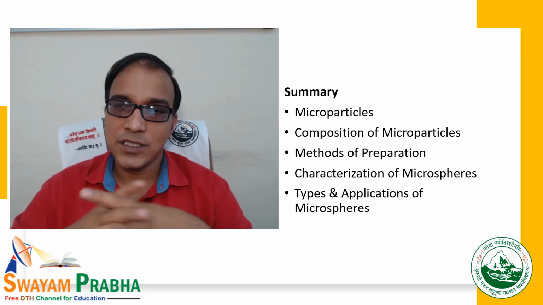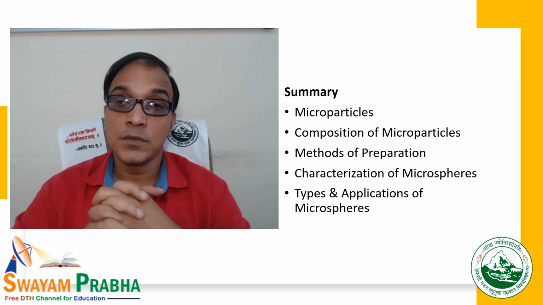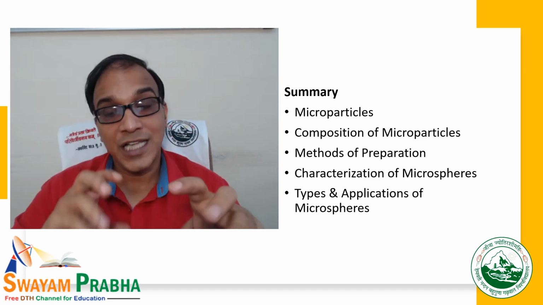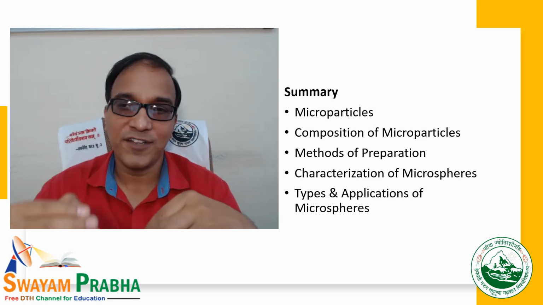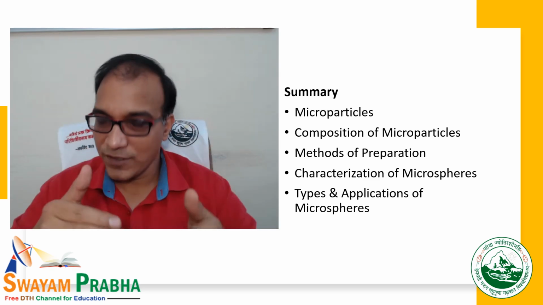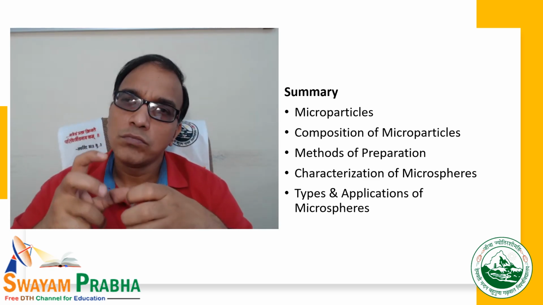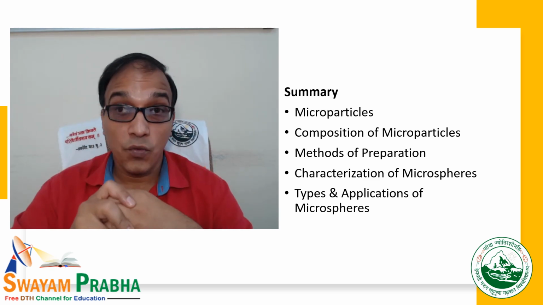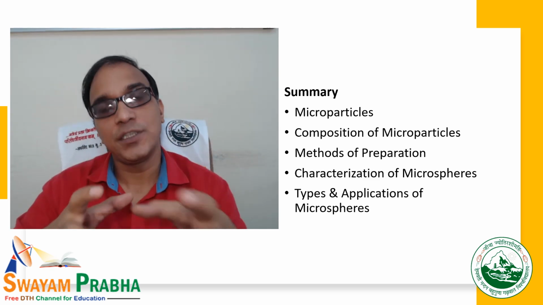As far as the types are concerned, we have discussed the magnetic microparticulates and the gastroretentive microparticulates, and the various approaches. You must learn the examples of each and every category, and specifically the several applications we discussed. We must go with the application part very technically, because sometimes only a question on the application may be asked.